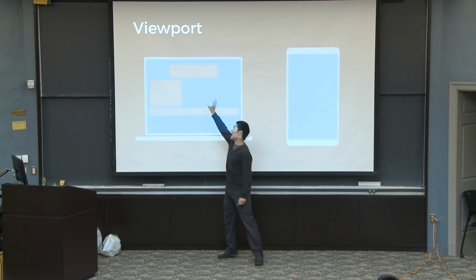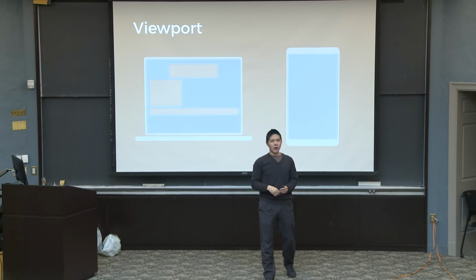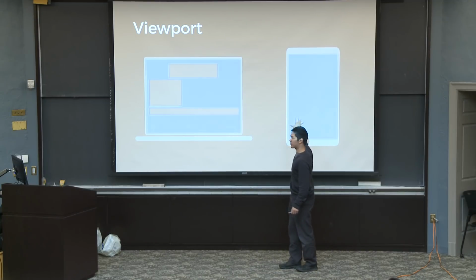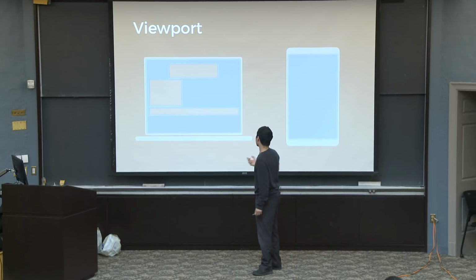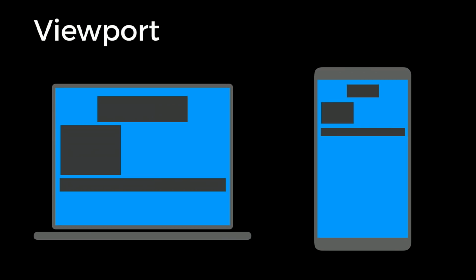And so you might imagine on a computer screen, for instance, we have a heading, we have an image here, we have some text here. And if I were to just literally translate this page onto a mobile device, what would it look like? Well, it might look something like this. What I've done is basically just taken the computer screen that was this wide and shrunk it down to the size of the mobile screen, and you end up with a page that looks something like this.